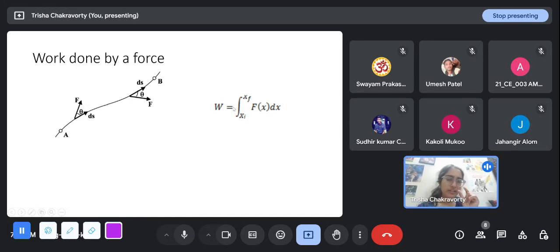So the differential work done, Fx dx, is dW, and to get the entire work we have to integrate from the initial point to the final point.